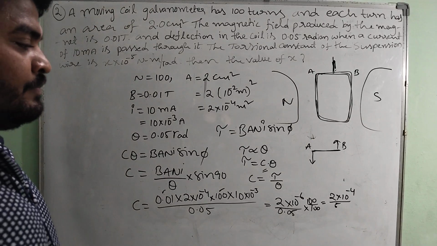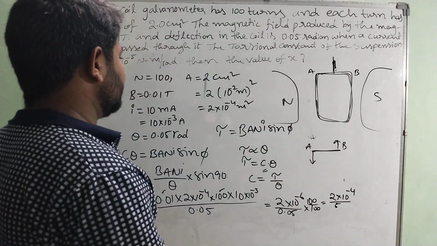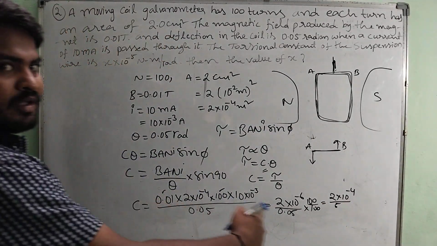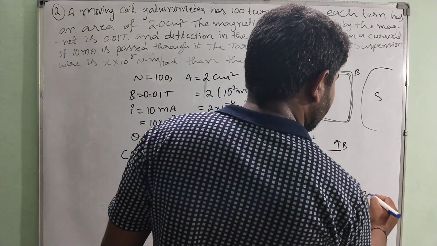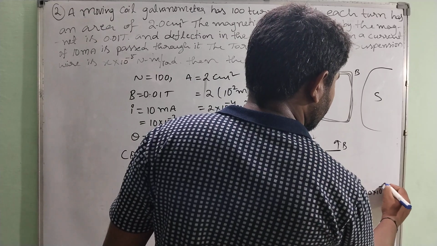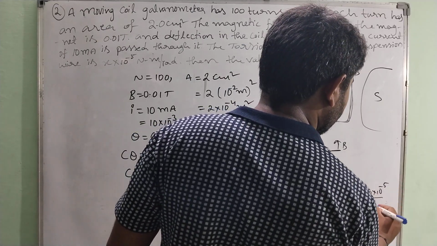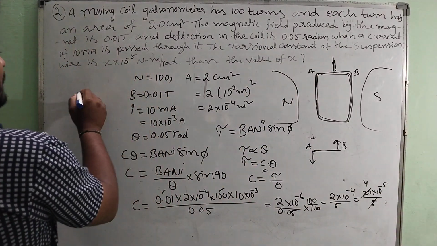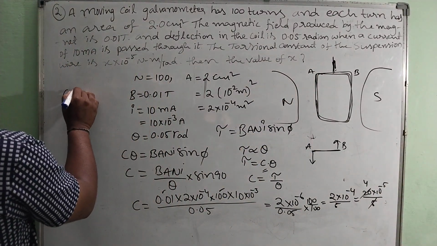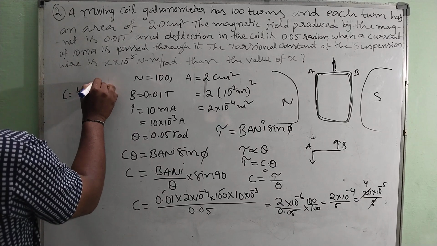Further solving, take 20 into 10 to the power of minus 5 by 5, which is 4 times. So the answer is C equals 4 into 10 to the power of minus 5.